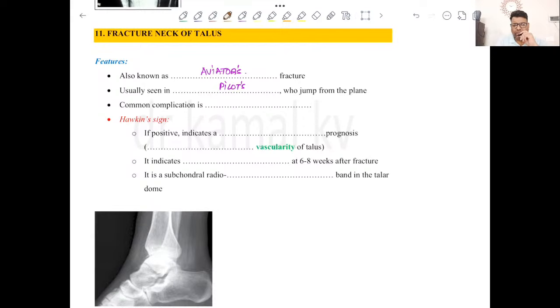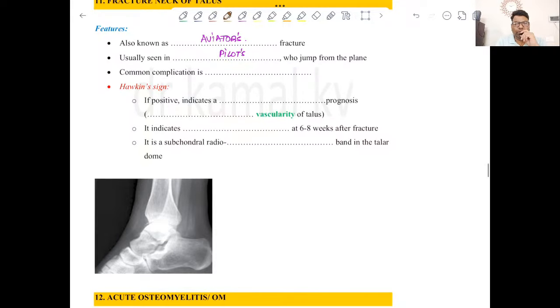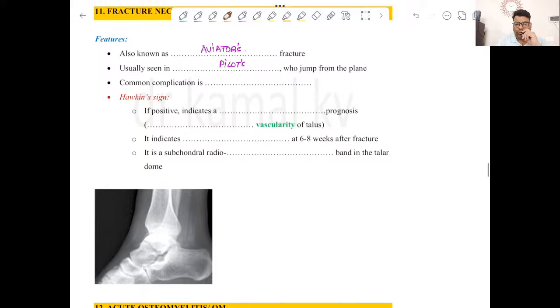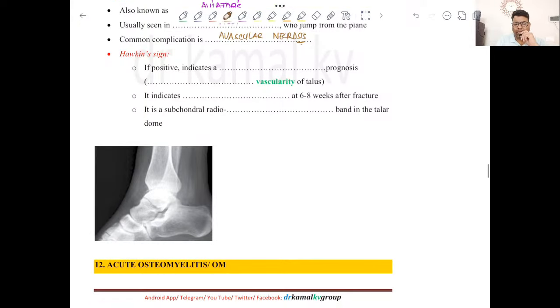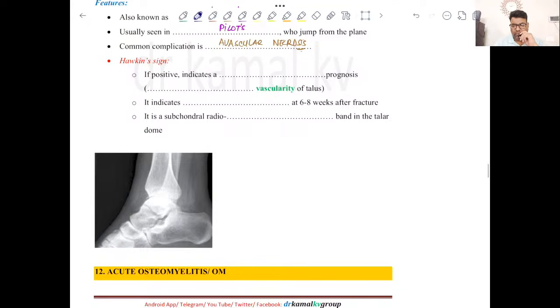This is one very important injury which students must know, because one of the complications is avascular necrosis, right? So it can develop avascular necrosis. If you look at the X-ray, you can clearly see a black line. This is the fracture.